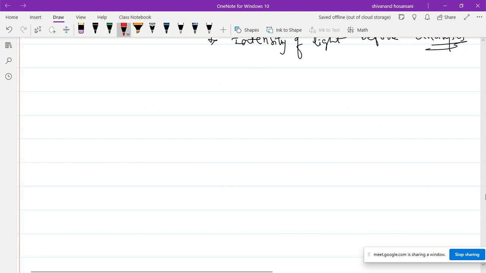The next concept is about reflection and refraction of electromagnetic waves at normal incidence of a dielectric interface. So this is important.